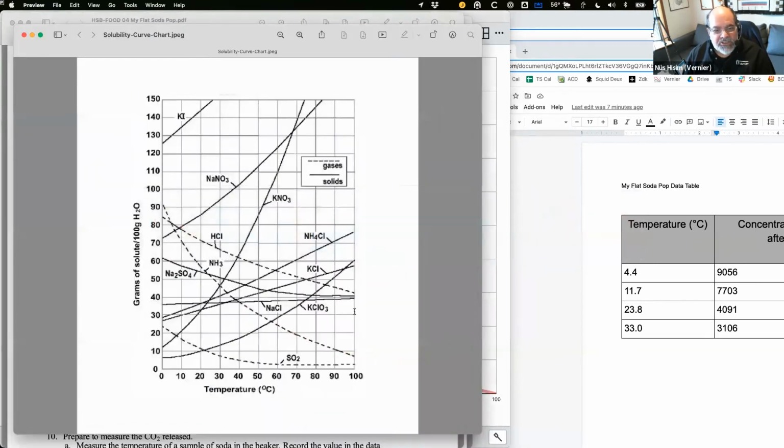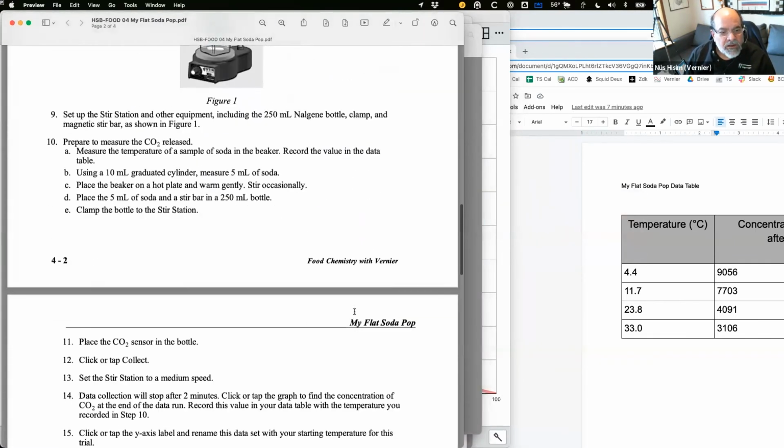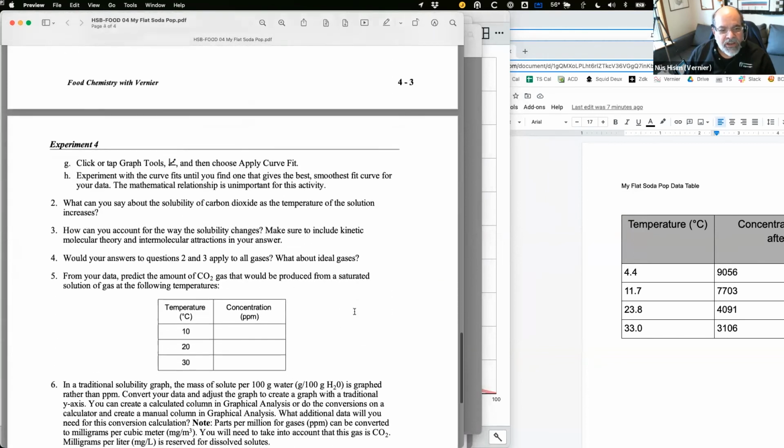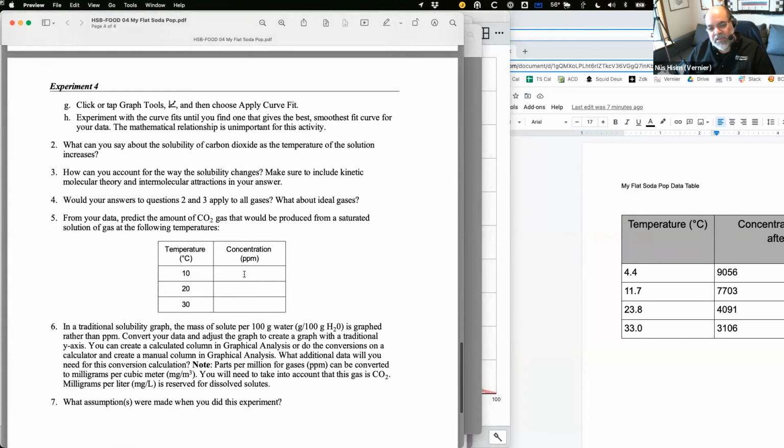And you'll notice in the experiment file, I put it in there. There are questions that say, what is the solubility at different temperatures. We at Vernier always give you the experiment files in both Word and PDF format.